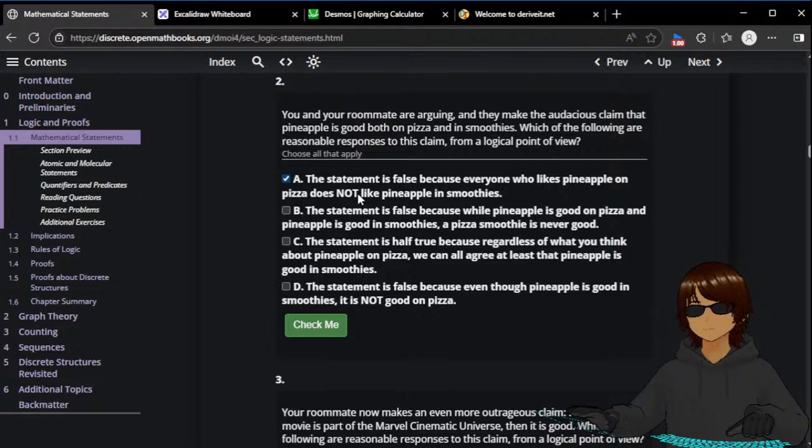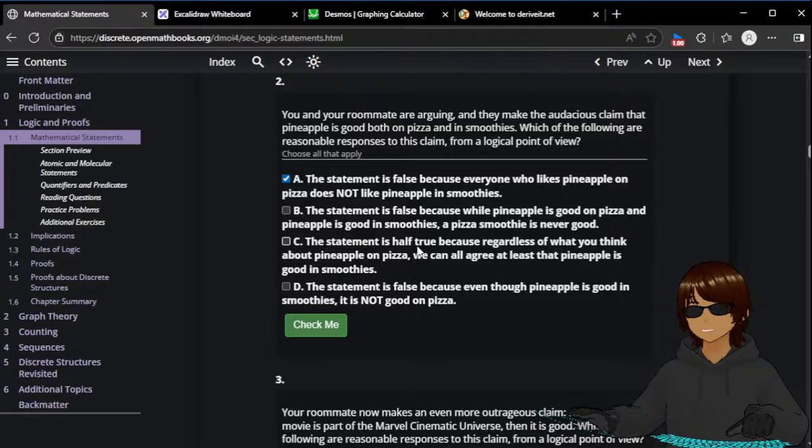Okay, then you can't make the claim that pineapple is both good on pizza and smoothies. The statement is false because while pineapple is good on pizza, pineapple is not good in smoothies. A pizza smoothie is never good. I don't think this claim makes sense.